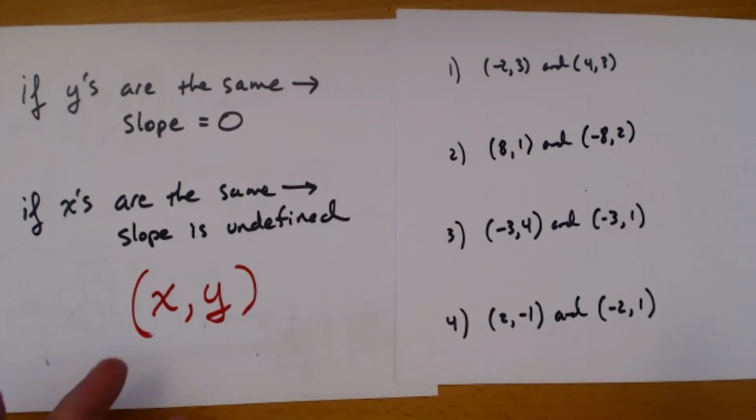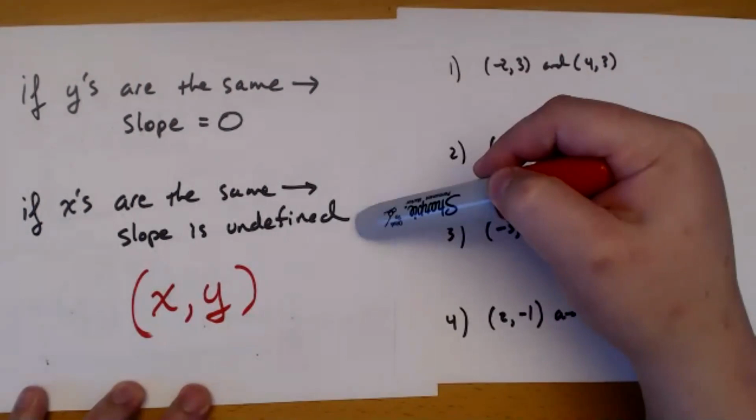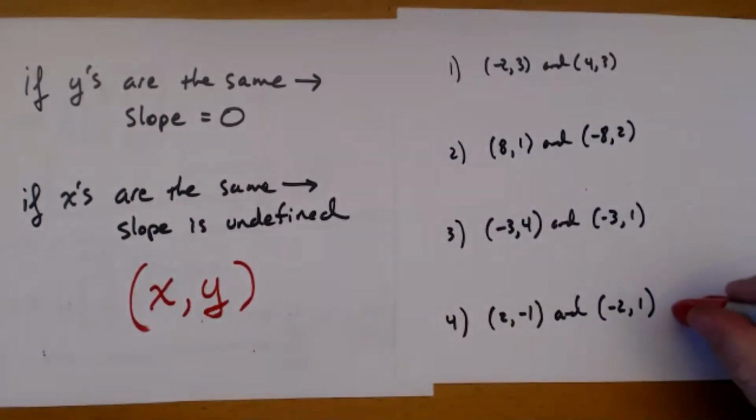Come on, all you got to do is tell me if the x's are the same or the y's are the same. They're both 0. Okay, so is -1 and 1 the same number? No. Is 2 and -2 the same number? No. So is this either one of these? No. Okay, so this one we'll actually have to do the math.